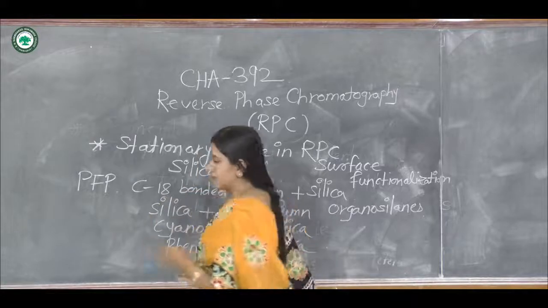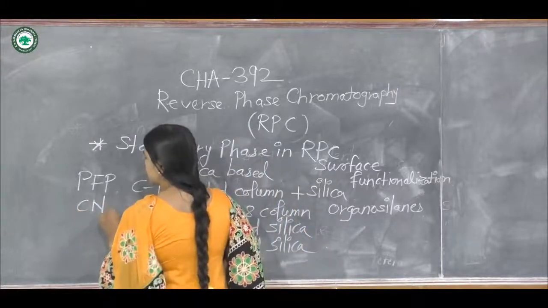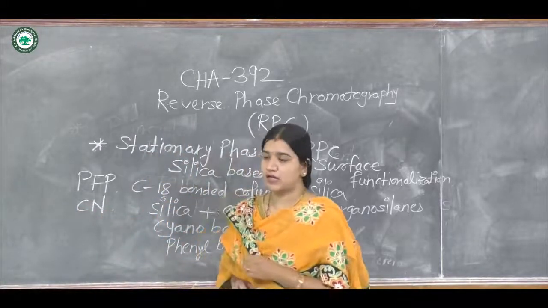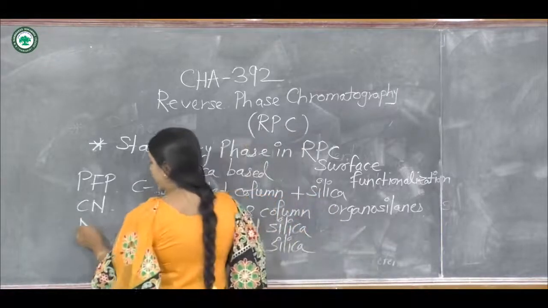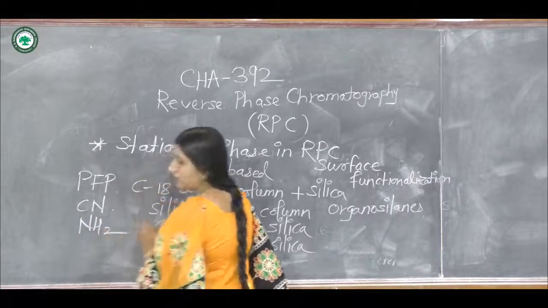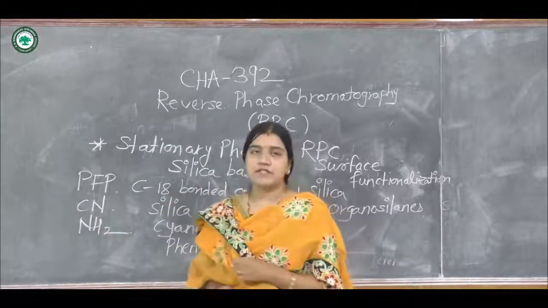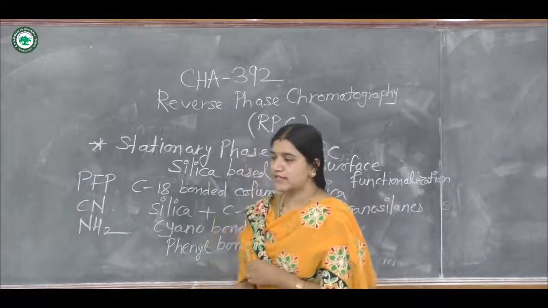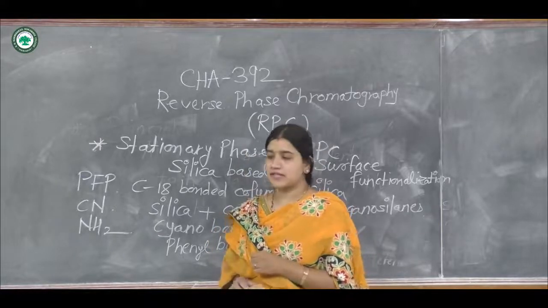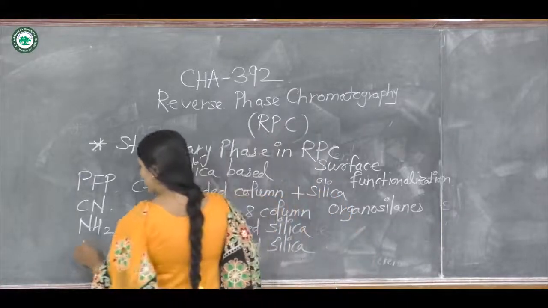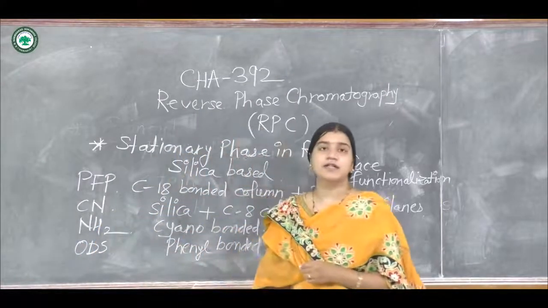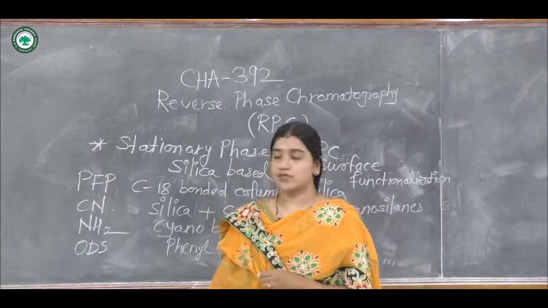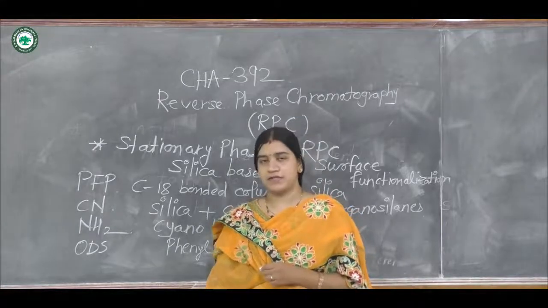Along with it, the cyano, that is the CN group attached to the silica column, then NH2, that is amino. Apart from this, ODS, that is octadecyl or C18 column, is also widely used. All these are the different types of columns used as a stationary phase in RPC.